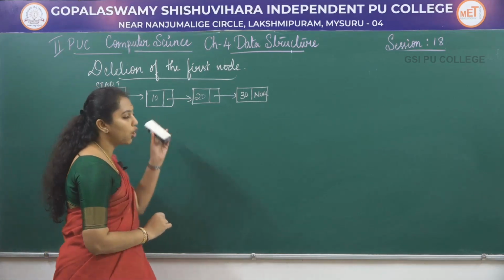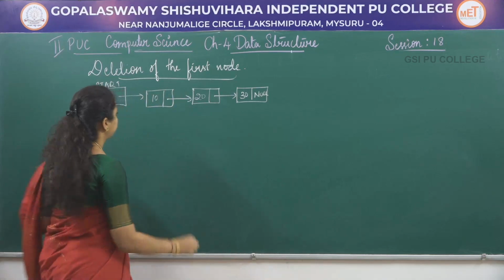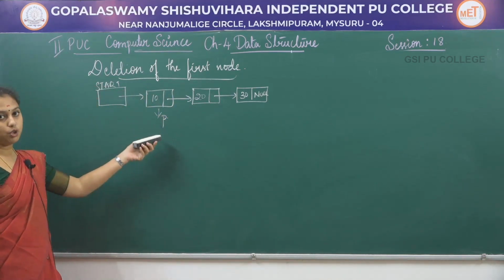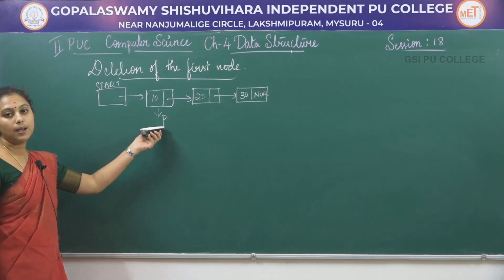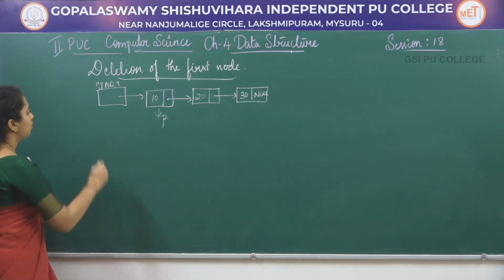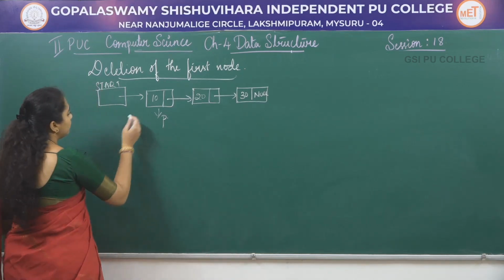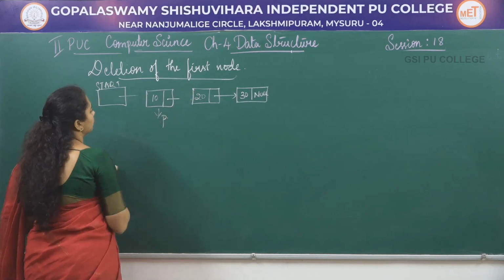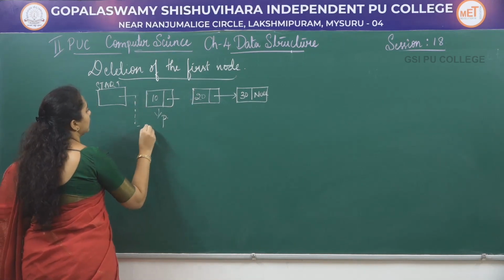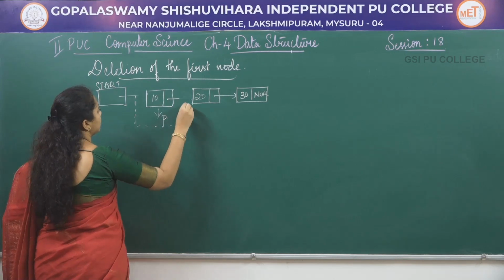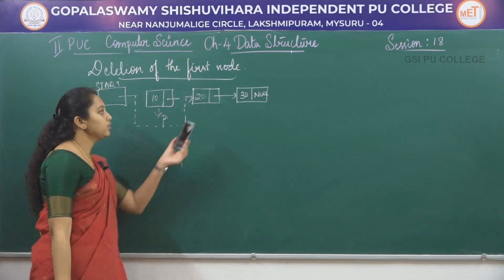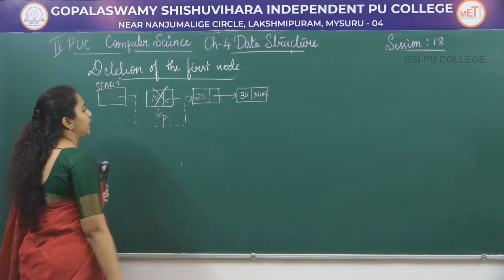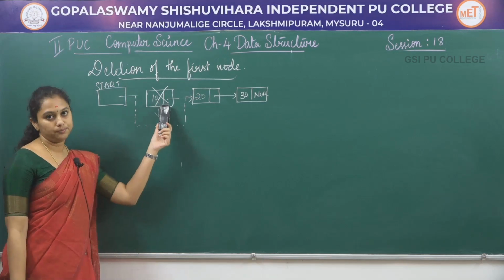Let this pointer be P. First we have to copy the data of this node. Then we are going to create a link to the second node of the linked list, and we are going to free this node.